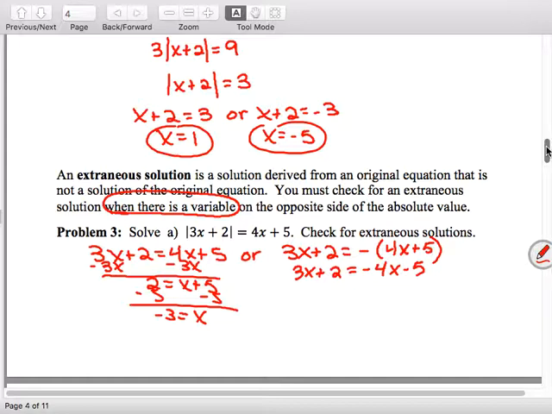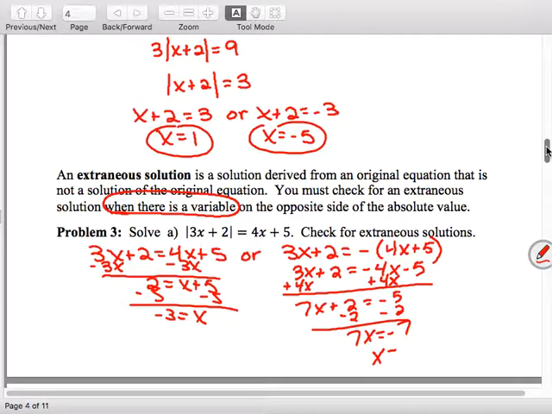The -4x. So I'm going to add 4x to both sides of the equation. You don't have to do that, but it does make you have less negative signs. I subtract 2, I get 7x equals -7, so x is -1.